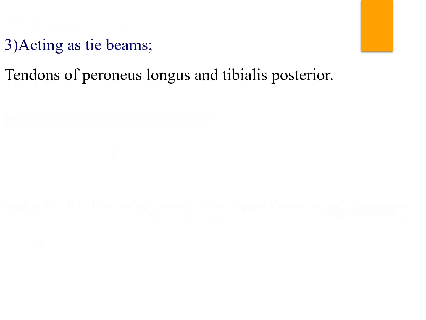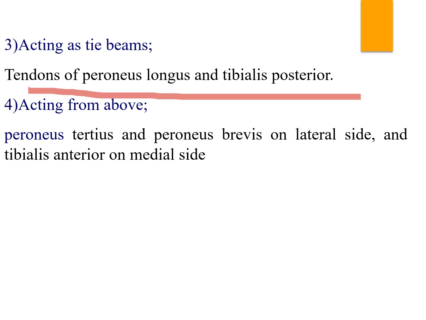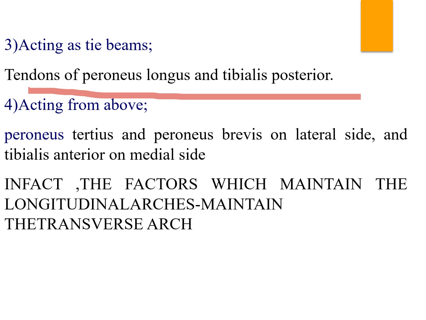Acting as tie beam: peroneus longus and tibialis posterior. Acting from above: tendons of peroneus tertius and brevis on the lateral side, tibialis anterior on the medial side. To understand all this, you should know the insertion of these tendons thoroughly. Then only you can appreciate how they are acting from above or from below.